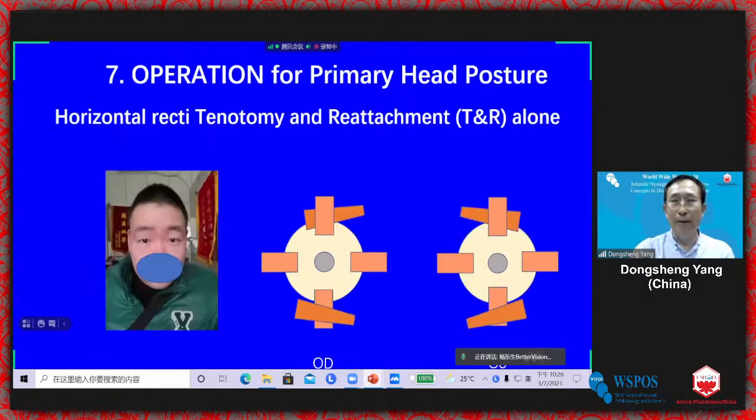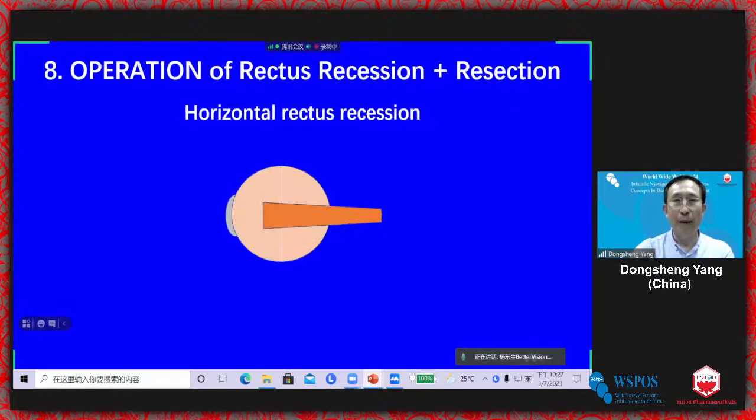Okay, number 7, for primary head posture, as Dr. Hertle's research indicated, the horizontal recti tenotomy and reattachment, the T and R procedure alone, can help to improve the nystagmus. Just 4 horizontal muscles, tenotomy and reattachment.